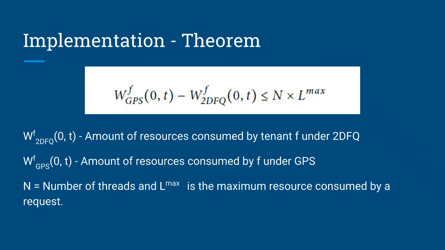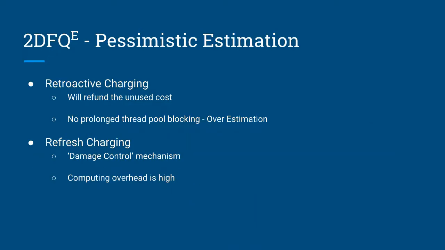And here are the values: W_F^2DFQ(0, T) represents the resources consumed by tenant F under 2DFQ, and W_F^GPS(0, 2T) represents the resources consumed by F under GPS. GPS here is generalized processor sharing, the number of threads is N, and L max is the maximum resource consumed by any request in the system.